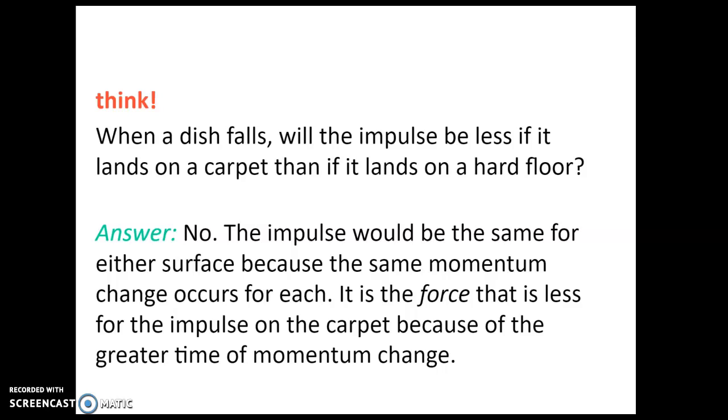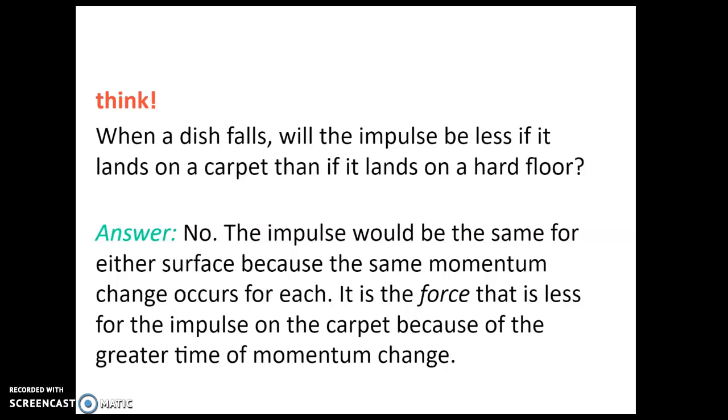So when a dish falls, would the impulse be less if it lands on the carpet than if it lands on the hardwood floor? The answer is that the impulse is going to be the same for both. Just like with our haystack and wall example, the product of force and time is the same. But if your dish falls on the carpet, the impact time is going to be increased because the carpet has to settle down.